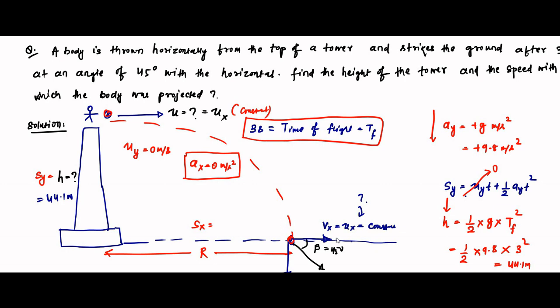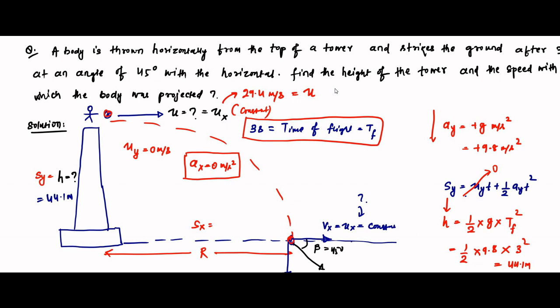So Vx, which we calculated as 29.4 meter per second, is the initial projection velocity, that is equal to u. So the velocity with which the body was initially projected is equal to 29.4 meter per second.